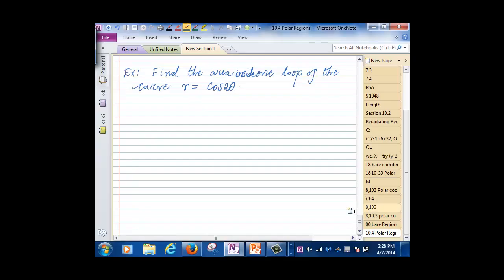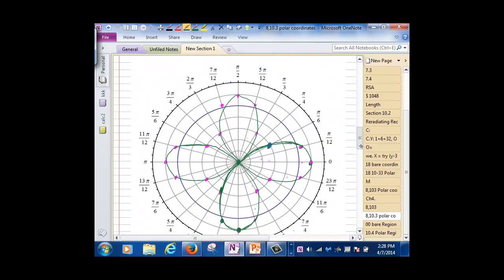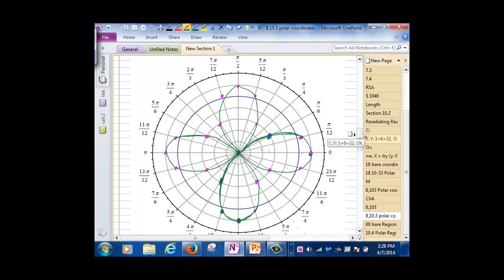And let me remind you that we are talking about this curve, right? So what's the area inside one of the loops? How do I find the area inside one of the loops? Well, I have to think of this region as a region which is swept out by the polar axis between 2 rays, right? The question is, it's bounded by one curve, but what should I pick for the rays in this case?